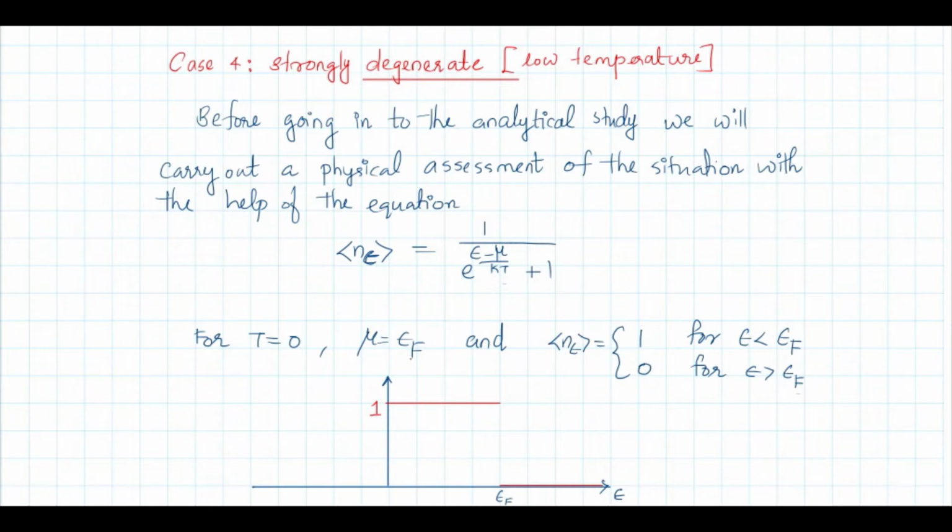So 1 by infinity is 0. So the occupation number can be either 1 or 0. Up to the Fermi energy EF, the occupation number is 1, and beyond EF, it is 0. That is, all the energy levels up to EF are filled, and all the energy levels beyond EF are empty.